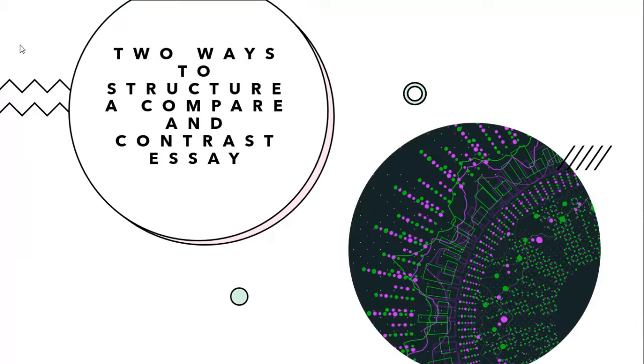All right, so as I just stated, this is a presentation about the two primary ways to structure a compare and contrast essay. Right. Now it's important to remember that there are no hard and easy guidelines to follow when writing anything.